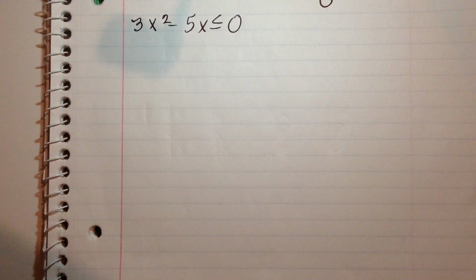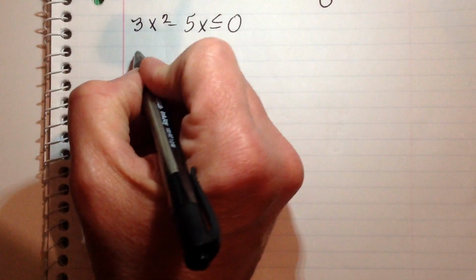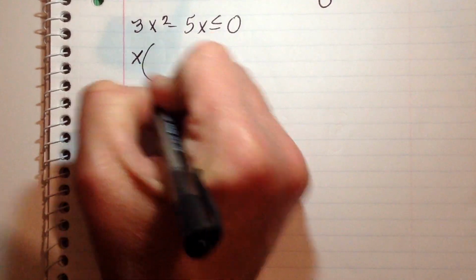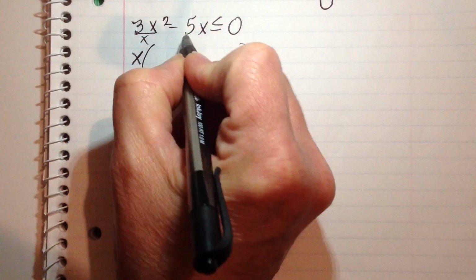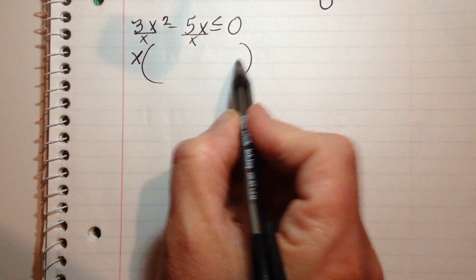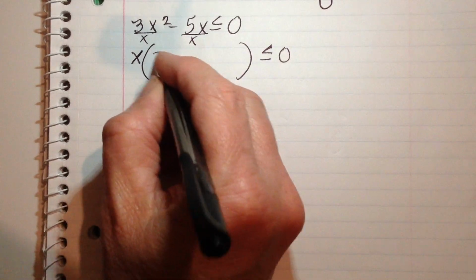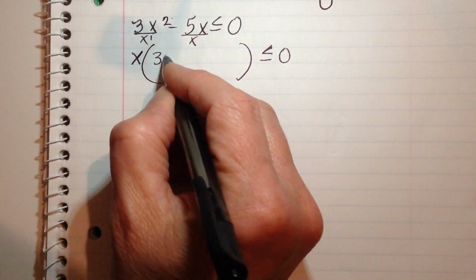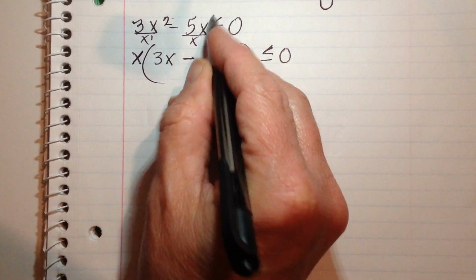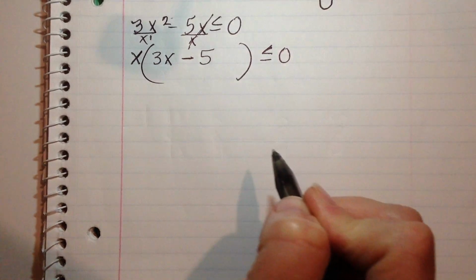The first step of every factoring problem is to take out a GCF. So I need to take out an x. If I go through and divide each one by x, let's leave what's inside the parentheses. I bring down the 3, x squared divided by x leaves x, minus, here your x's cancel, leaving 5.